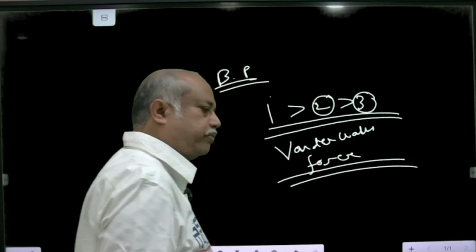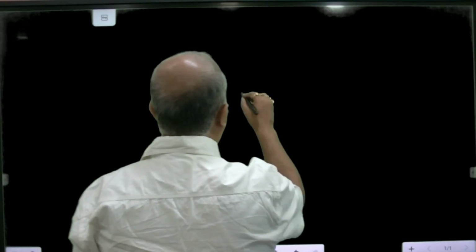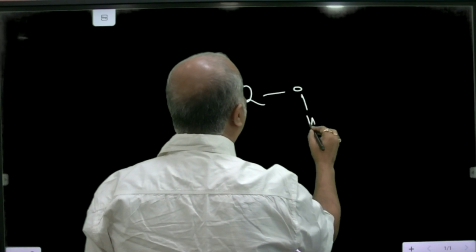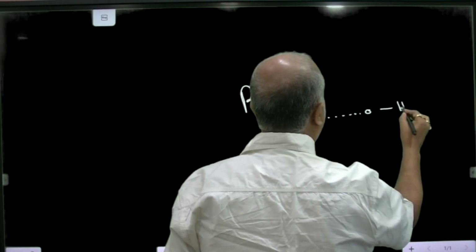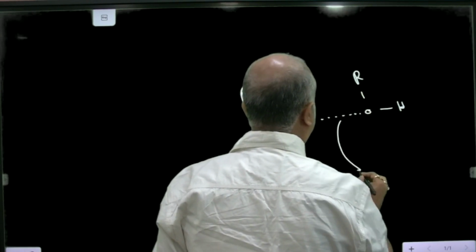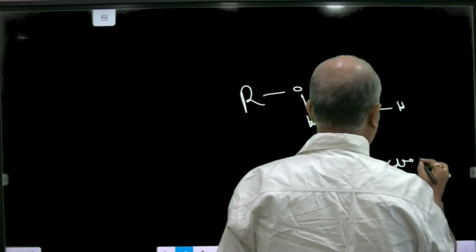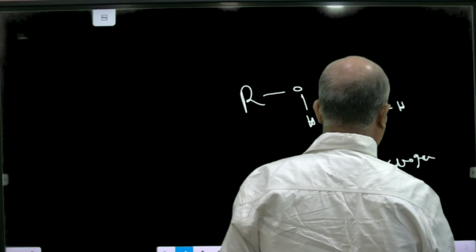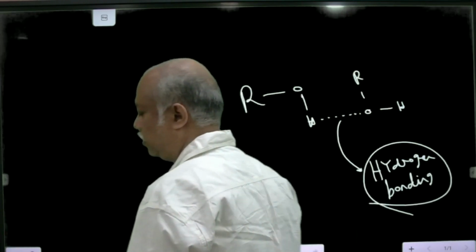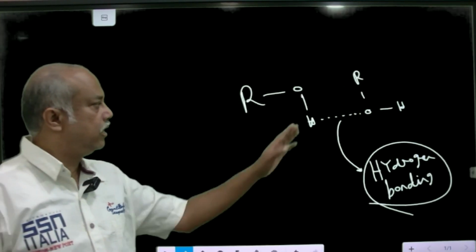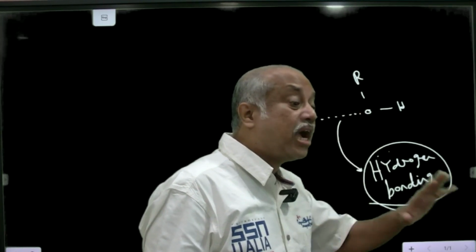I will discuss. First, any alcohol forms hydrogen bonding with another alcohol, and ether cannot form any type of hydrogen bonding.